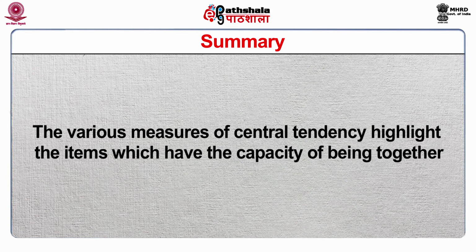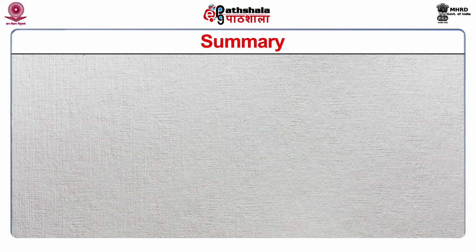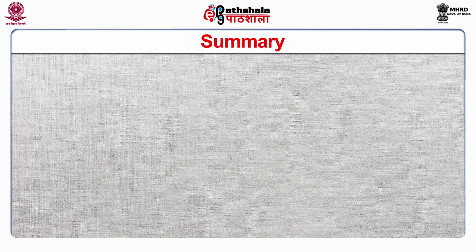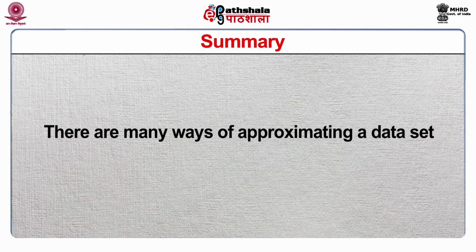The various measures of central tendency highlight the items which have the capacity of being together. Such measures of statistical averages help in arriving at some central value and are one of the most representative figures from the entire set of values. There are many ways of approximating a data set.